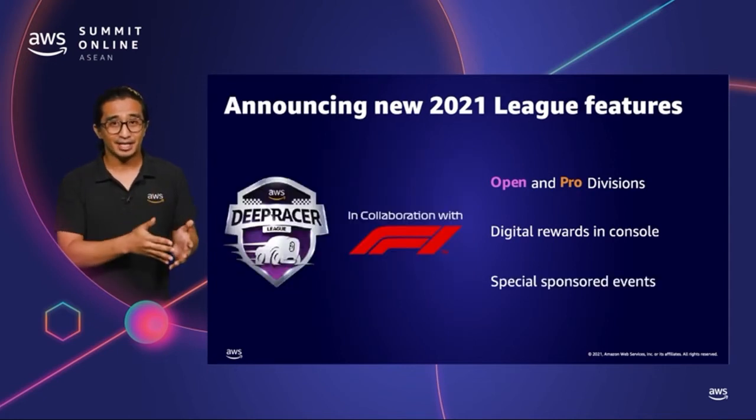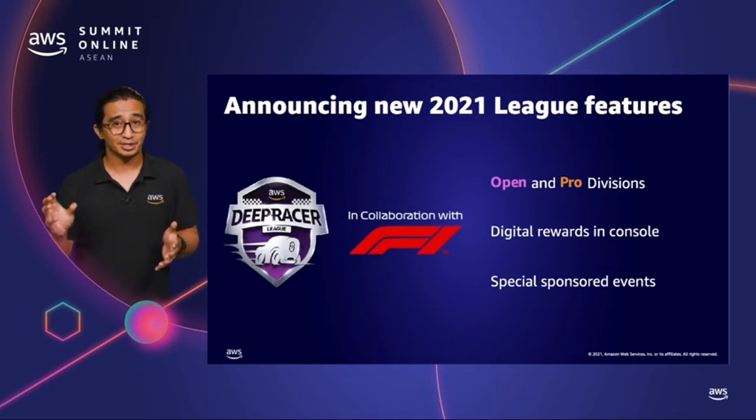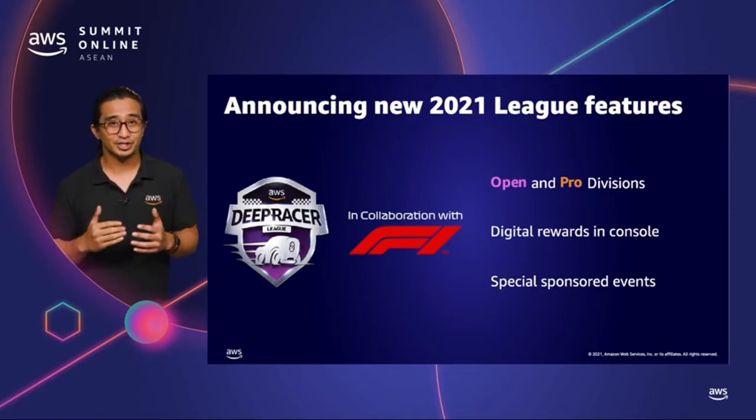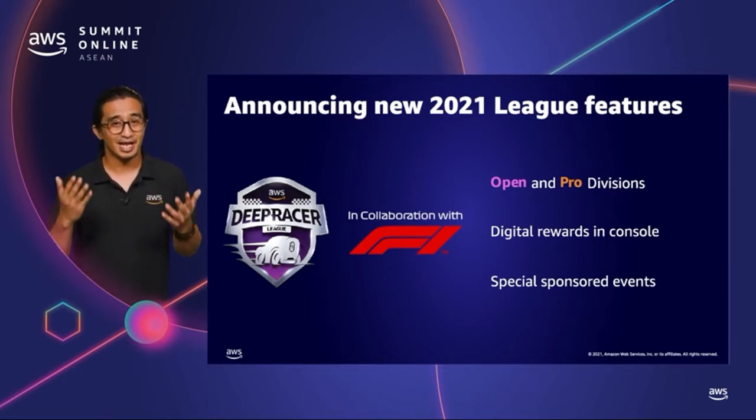In addition to that, pro racers can also participate in special events with partners such as Formula One with special rewards and guests. Hopefully, these new features excite you as you have more opportunities to win prizes and recognition for participation and performance.